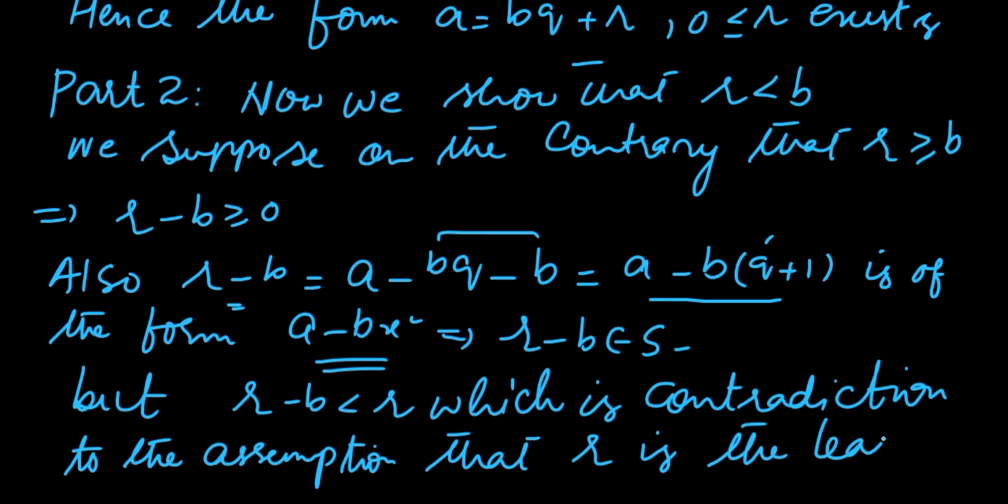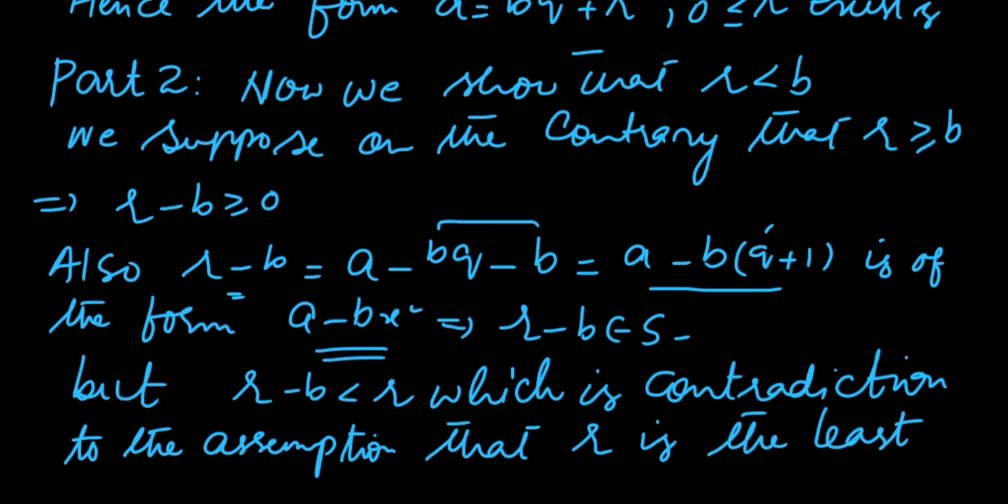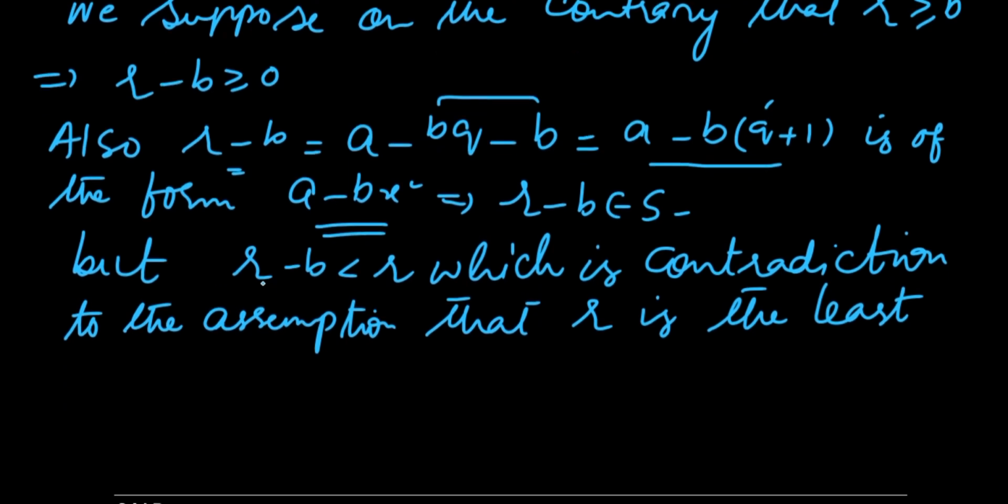R is the least element because here R minus B is clearly less than R. So this shows R minus B is the least element. So this contradicts our assumption that R is the least element.